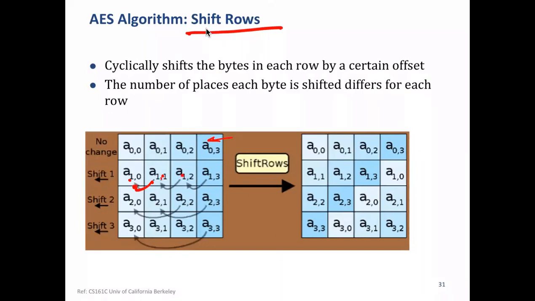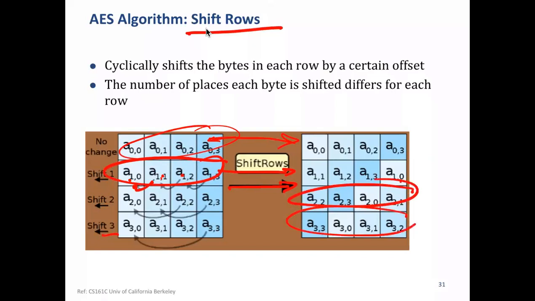The second row is shifted by two positions, and the third row is shifted by 3 positions. As a result of this shift, we get this one. There's no shift here, so it remains the same. There's a shift of 1 byte, so it becomes A11, A12, A13, and then A10 comes here. Here is a shift of 2, and here is a shift of 3.